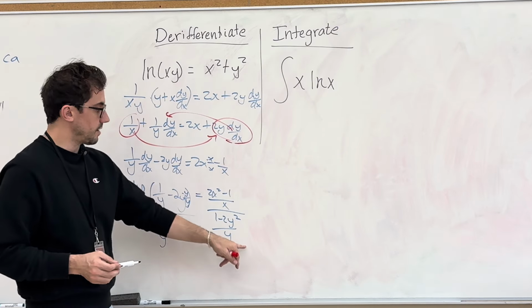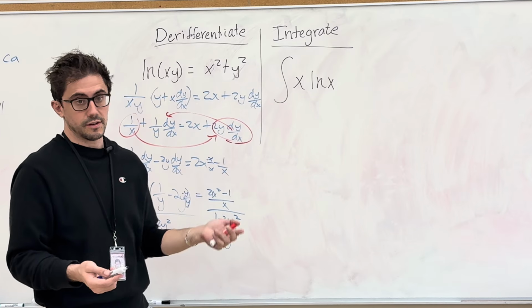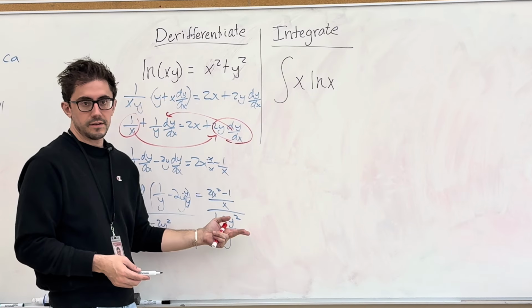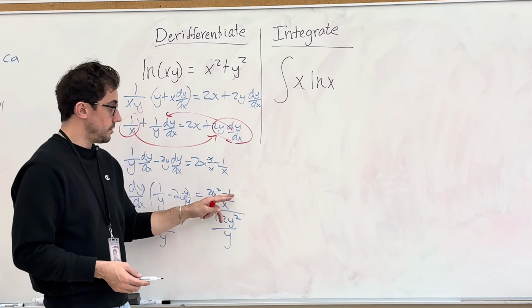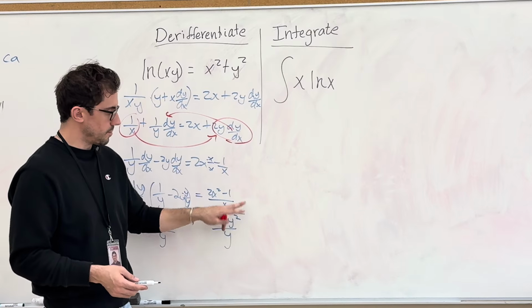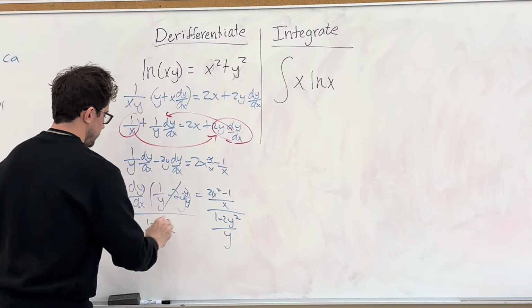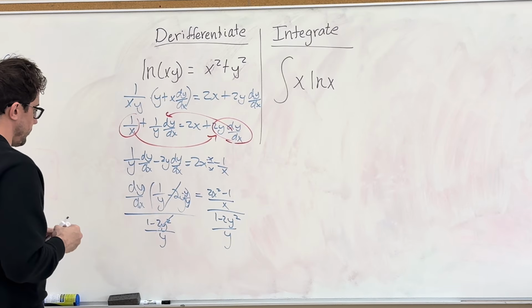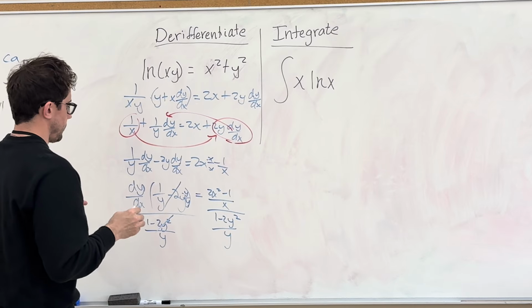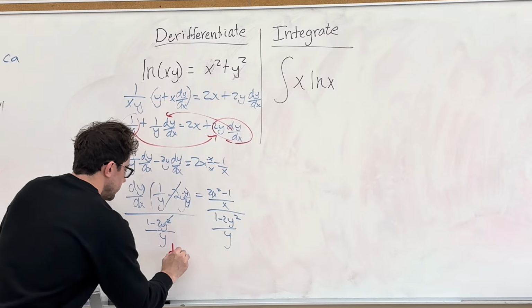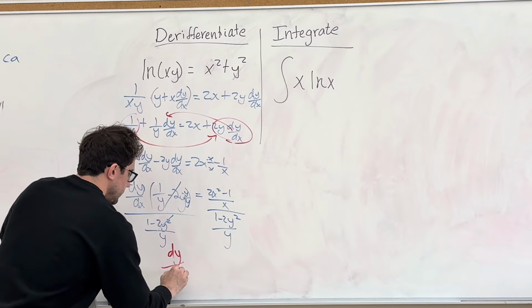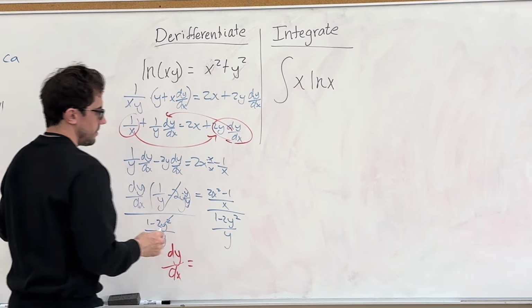And now we have a fraction divided by a fraction, right? You guys know how to deal with that. Flip and multiply the numerator by the reciprocal of the denominator. These cancel out, and so we end up with dy/dx, our derivative function, after all.